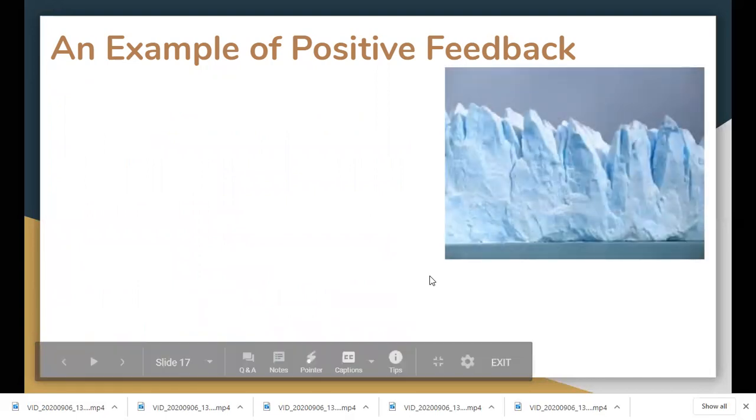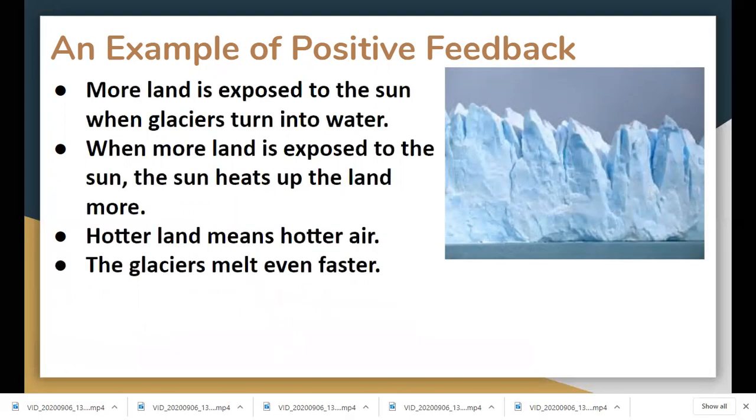So then what happens is more land is exposed to the sun when the glaciers turn into water. The water runs into the ocean, and now you've got the land exposed. When the land is exposed to the sun, it's going to heat up more because the land can absorb the heat. When the land heats up more, the air around the land is going to get hotter. And when the air around the land gets hotter, the glaciers are going to melt even faster.